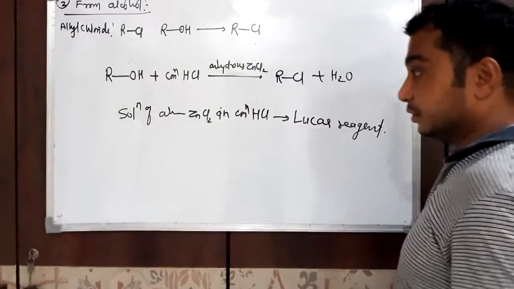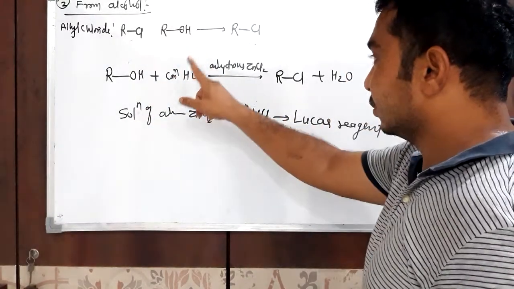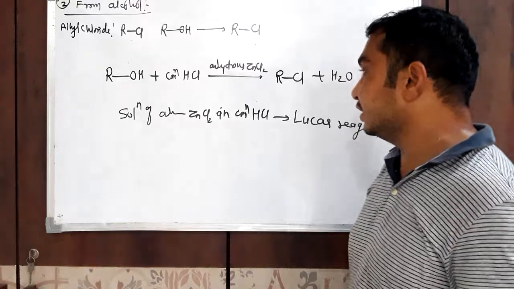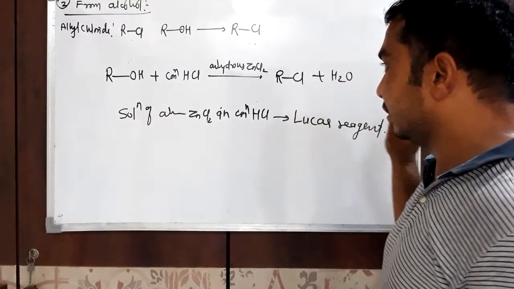So alcohol treated with Lucas reagent will give the corresponding alkyl chloride. Very simple reaction.